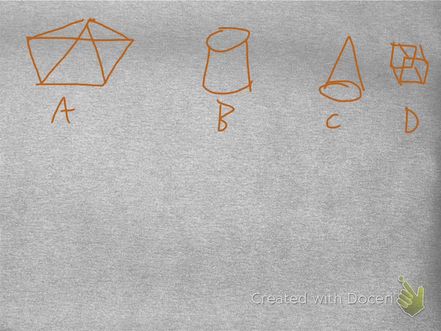Wrong. That sure doesn't look like a rectangle or a square to me. It would be a quadrilateral pyramid. Now, B is a cylinder, C is a cone, and D is a rectangular prism. I don't think anybody's going to have problems with those three. But the first one is a quadrilateral pyramid.